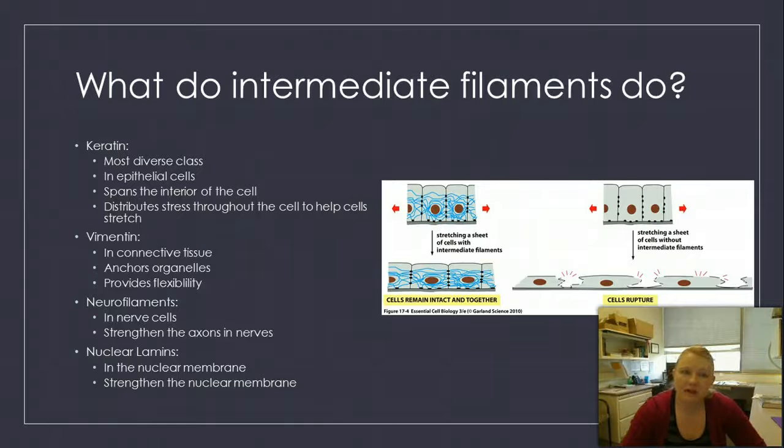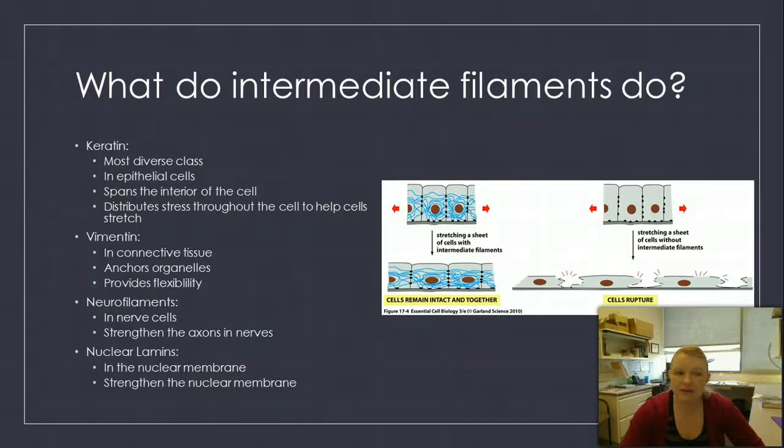Vimentin's another one, and we find it in connective tissue, and it helps anchor organelles, and once again provides that flexibility. So if organelles are anchored, they're not going to move around too much, but because the vimentin is still flexible, it allows for a little bit of stretching and movement within the cells.